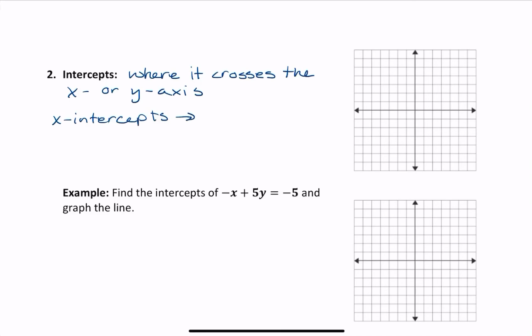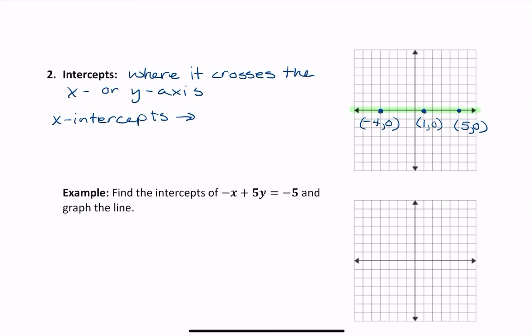So x-intercepts are going to be where the graph crosses the x-axis. So if I plot any point on the x-axis, let's say this point, that's the point 1, 0. If I plot this point, that's 1, 2, 3, 4, 5, 5, 0. If I go over here, that's -4, 0.